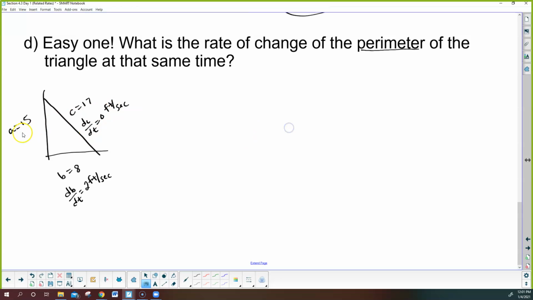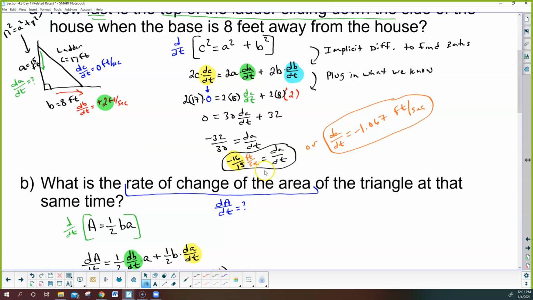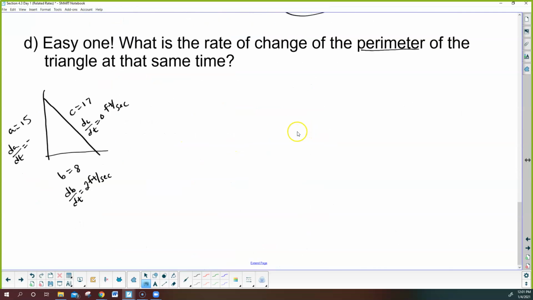I always put the units in there so I don't forget. And then dA dt, I have to go back and steal the answer from part A. That was negative 16/15. So notice how we're using our answer in part A to help us out.